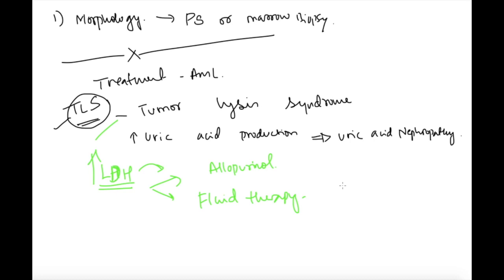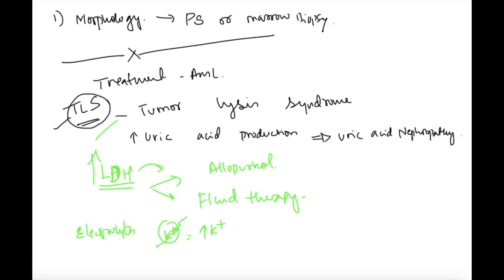Also, you should have monitoring of the electrolytes, because the cell is rich in potassium. When the cell is lysed, what happens? Increased potassium in the circulation, causing hyperkalemia. So that is also to be kept in mind.